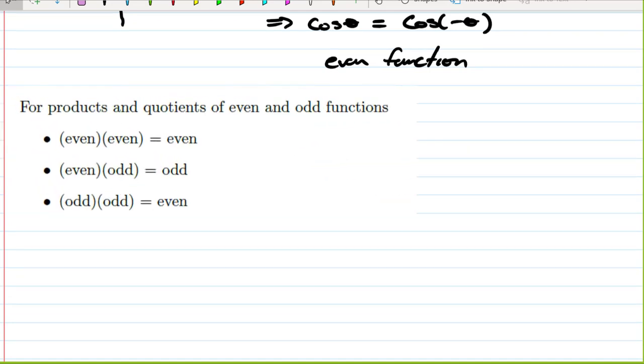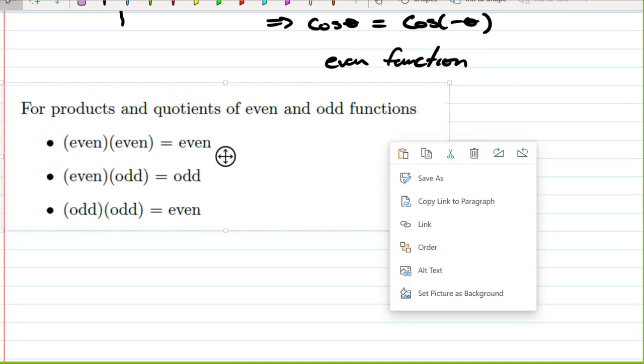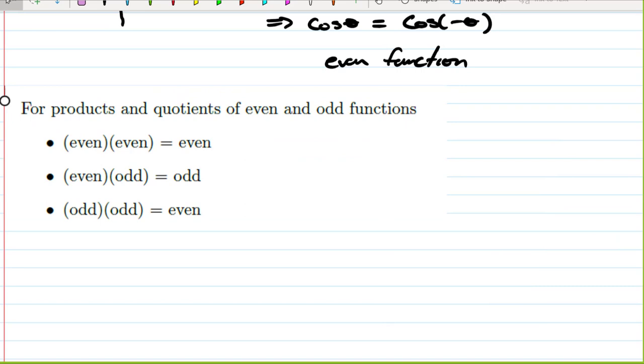So for products and quotients of even and odd functions, we have the following. Even functions behave like positive 1, and odd functions behave like negative 1. So if you have an even times an even, it's always going to be even. If you have an even times an odd, you're going to get an odd function. If you have an odd times an odd, you're going to get an even function.